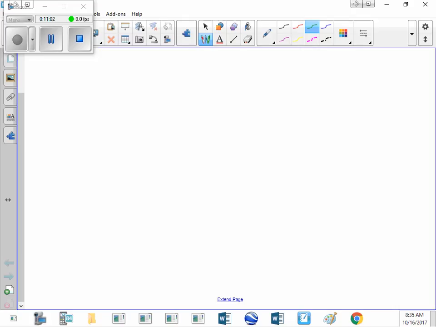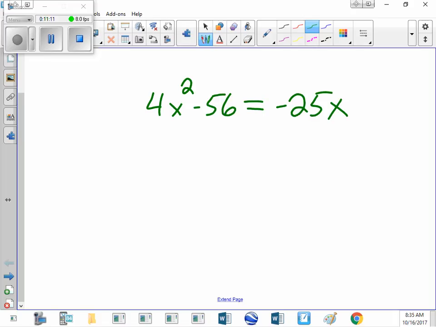Okay, what if I had 4x squared minus 56 equals negative 25x? What do I need to do there? I have to move everything to one side. Do I want to move everything to the left or to the right? Probably the left.